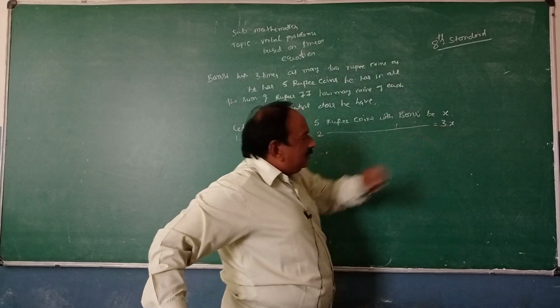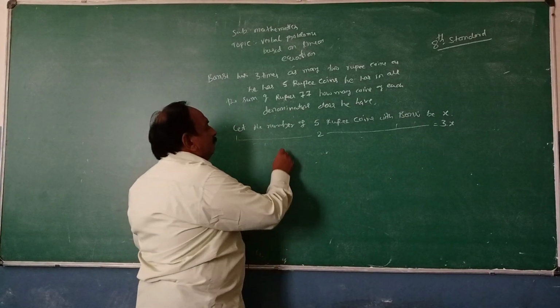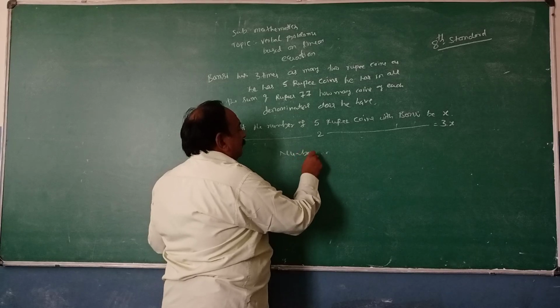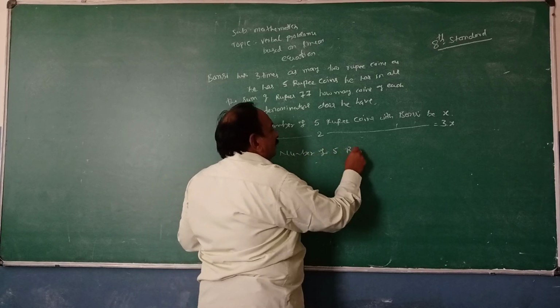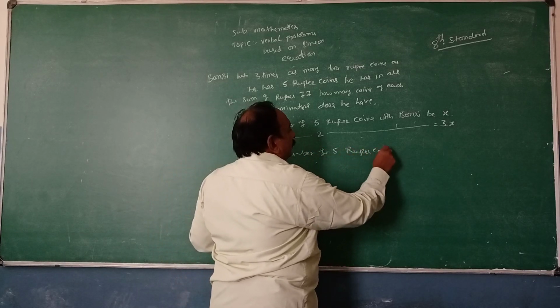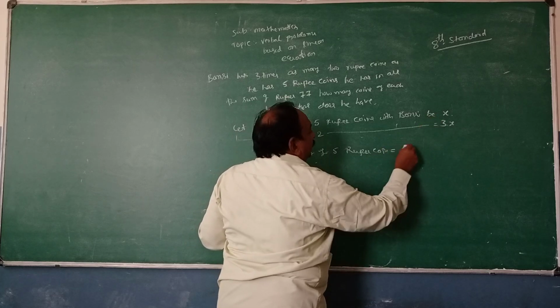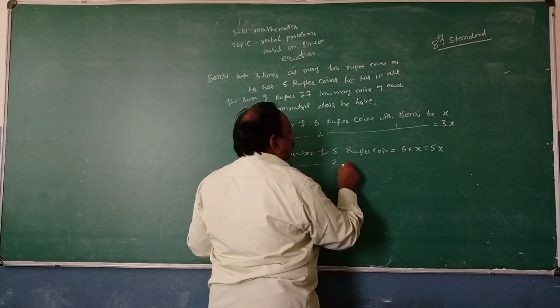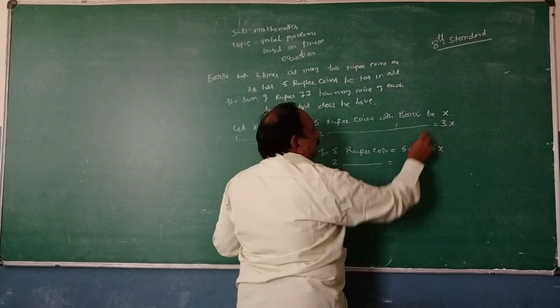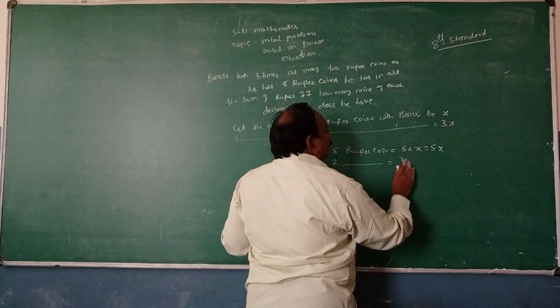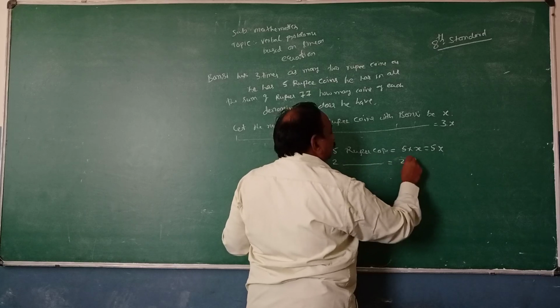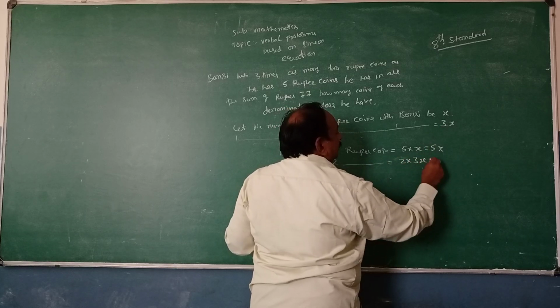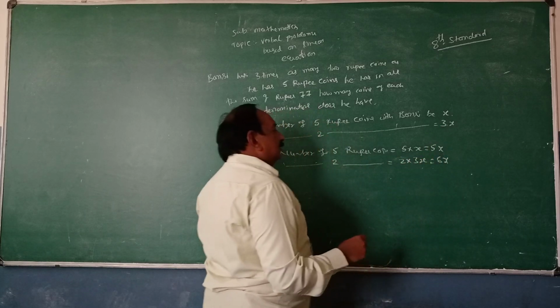It means to say that 3x. Next, the value of 5 rupee coins: number of 5 rupee coins is x, so 5 into x, 5x. Number of 2 rupee coins is 3x, so 2 into 3x, 3 2s are 6x.